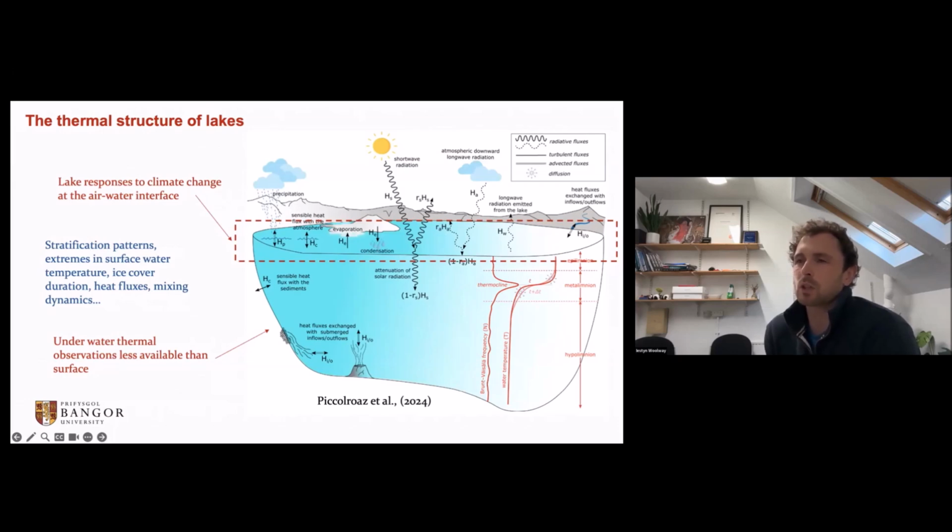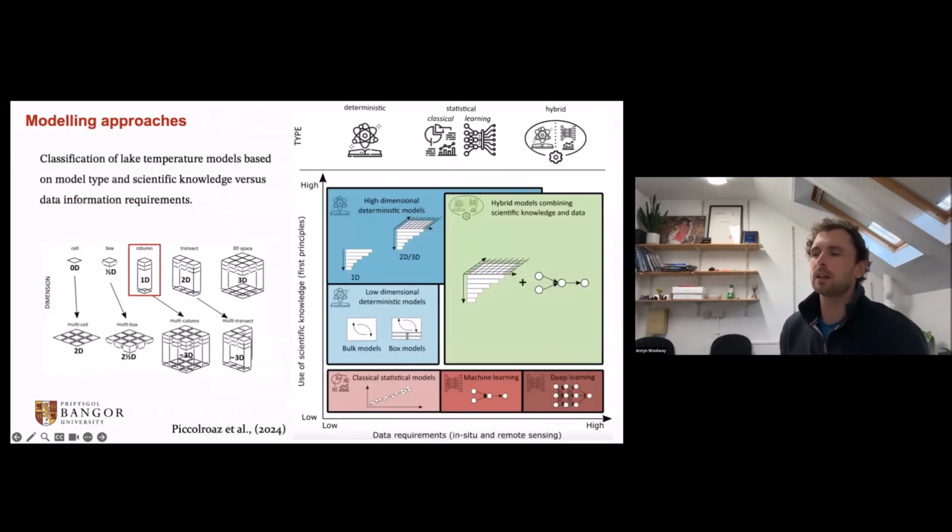So we focus on stratification patterns, so the timing, the duration, and the intensity of stratification in lakes, the occurrence of extremes in surface temperature, changes in ice cover patterns, and as well looking at mixing dynamics. So given that the amount of data that we have at the surface far exceeds that we have deeper down, a lot of our research, especially in recent years, has focused at the surface layer. But I'll cover each of these points as we move through the presentation.